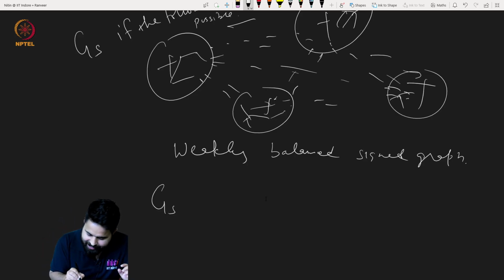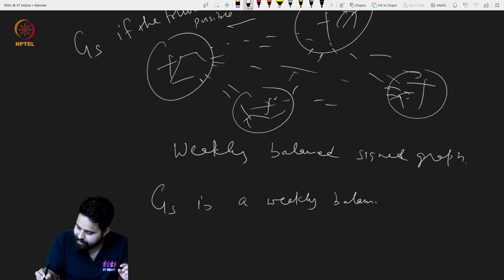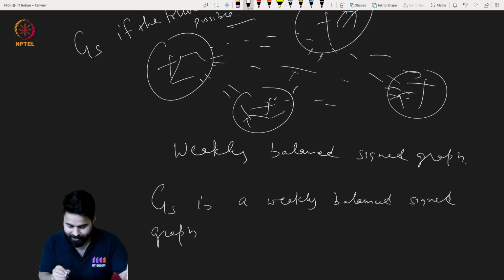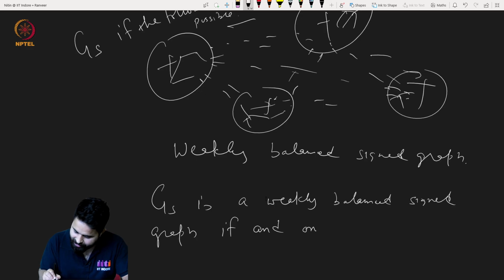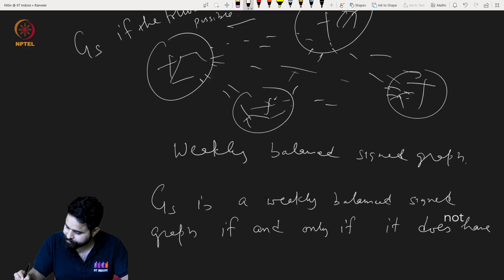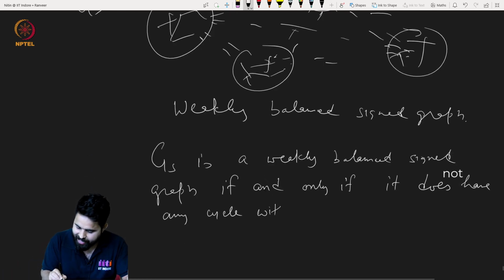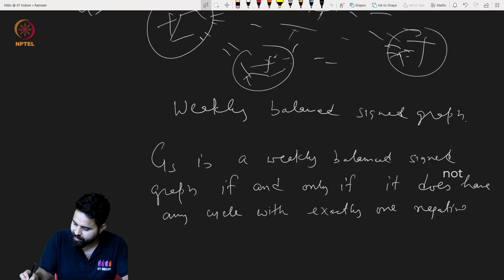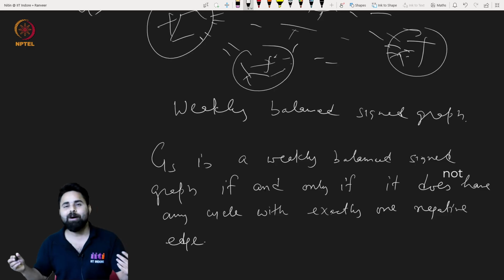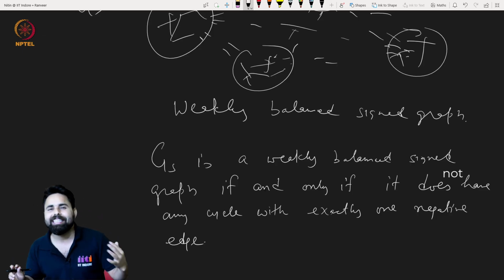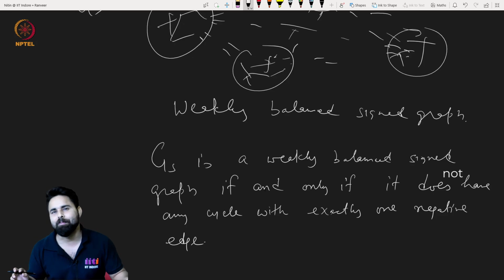G_S is a weakly balanced signed graph, again a very beautiful if and only if, it does not have any cycle with exactly one negative edge.